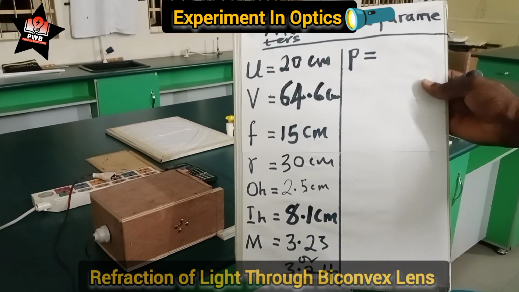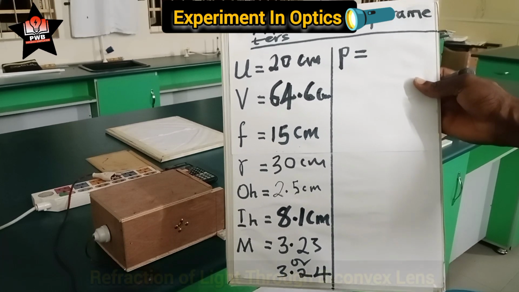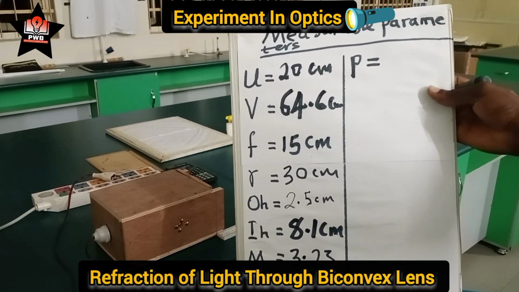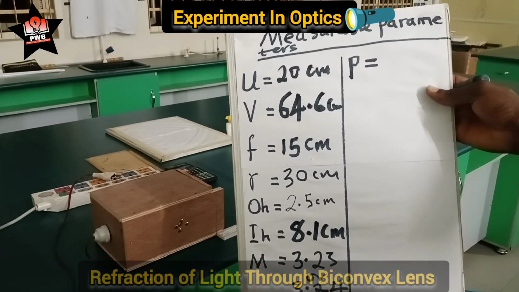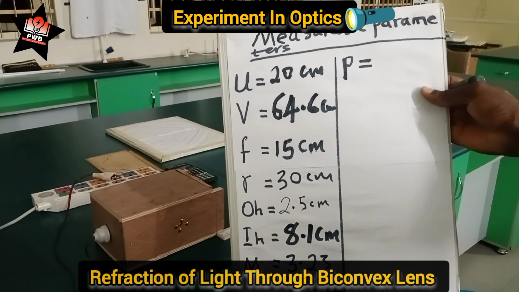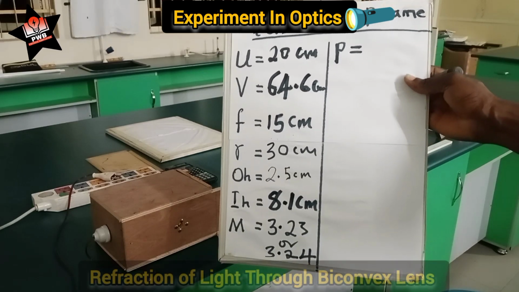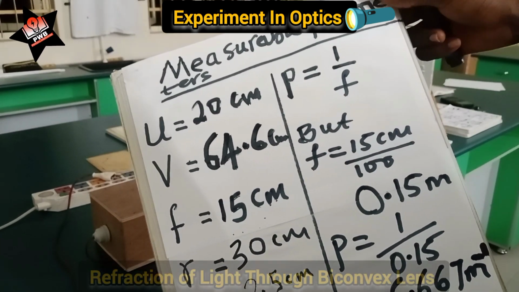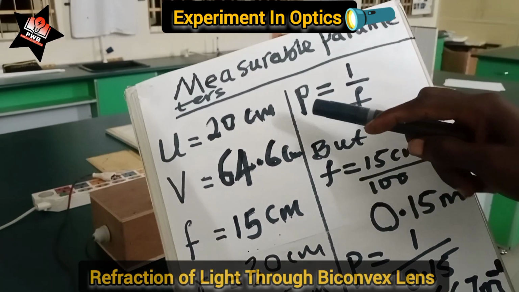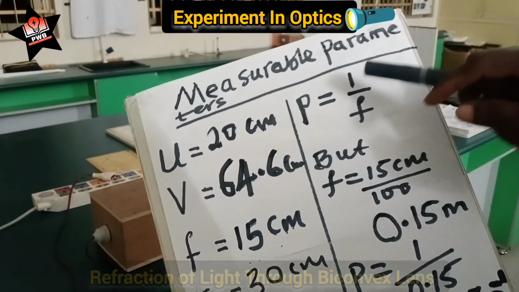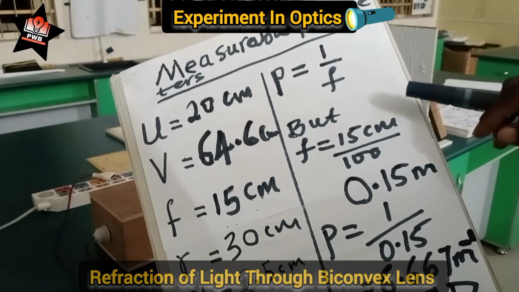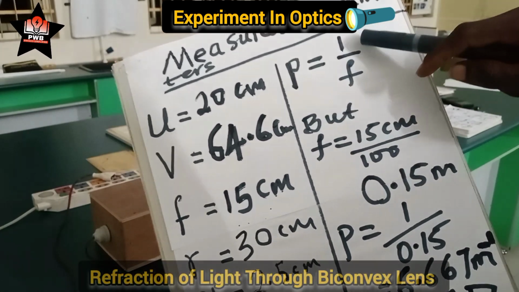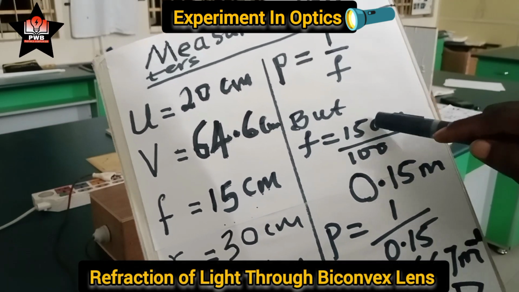The next thing we want to measure is the converging power of the lens. The converging power of the lens has a mathematical relationship with the focal length of the lens, given as P is equal to 1 all over f. While calculating for it, the unit for the converging power of the lens is the diopter, with capital D. So while calculating in diopters, you have to convert your focal length to meters.